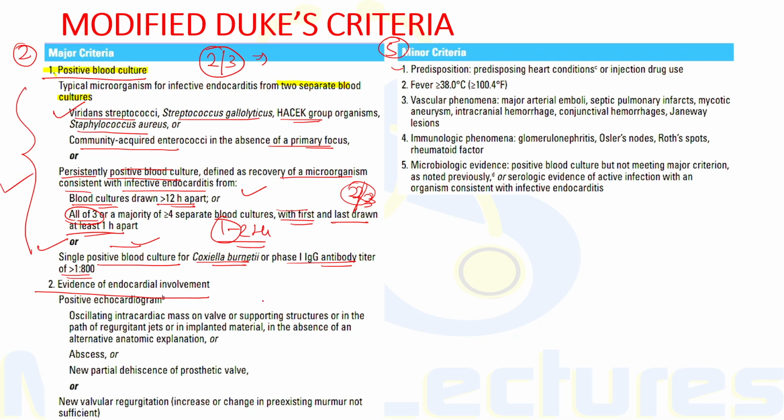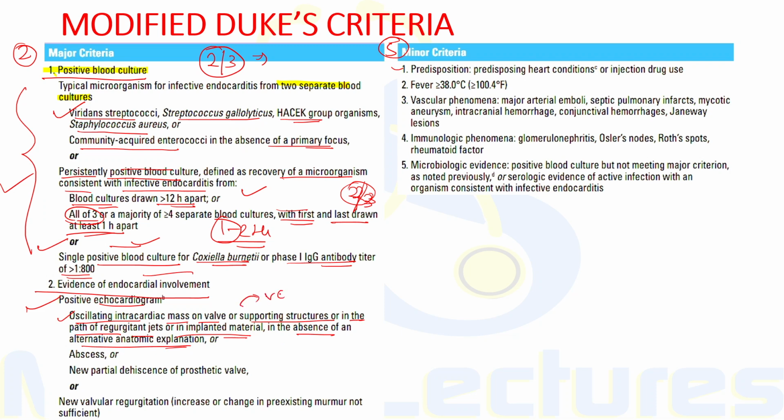Now let's discuss endocardial involvement. So what is a positive echocardiography finding? If there is an oscillating intracardiac mass on a valve or any supporting structures, or in the path of regurgitant jets, or in the implanted material in the absence of an alternative anatomic explanation.